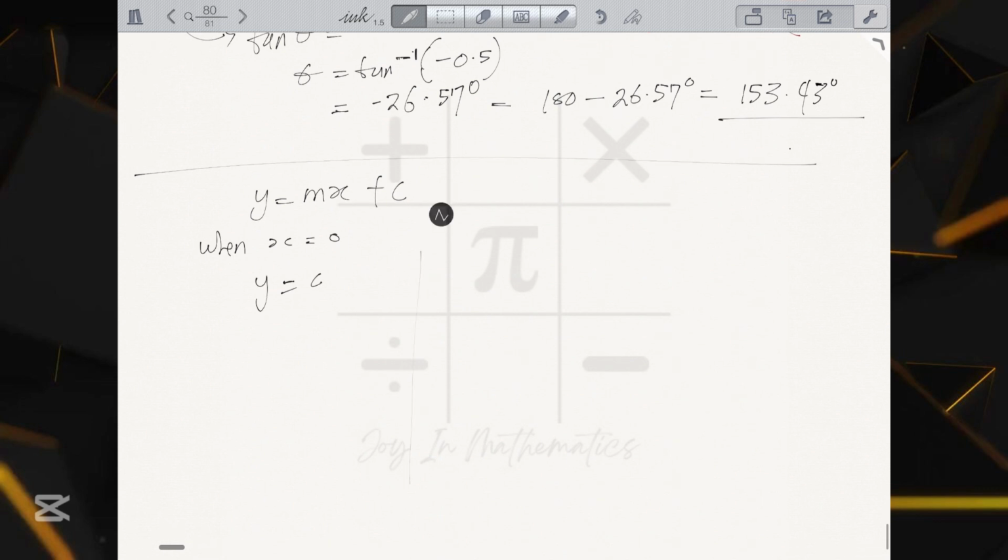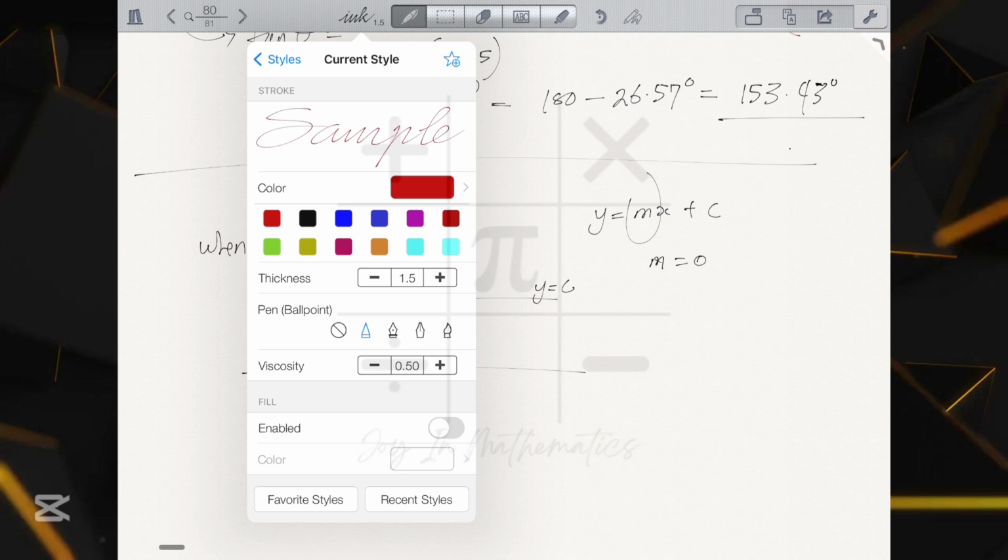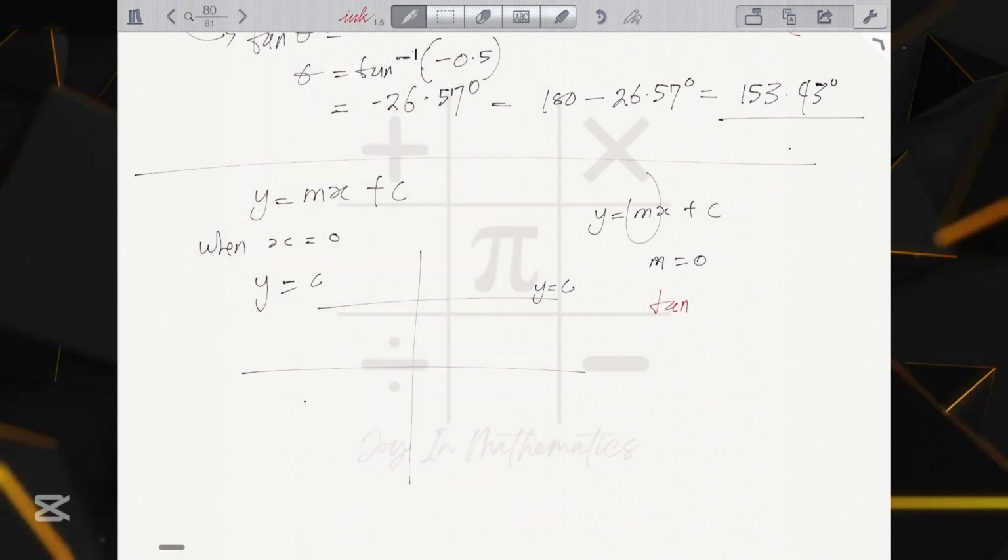That means we are saying y equals c. So when y equals c, if you compare it to y equals mx plus c, we will see that m in this case is equal to what? 0. So let's look back to the formula that tan theta is equal to m.